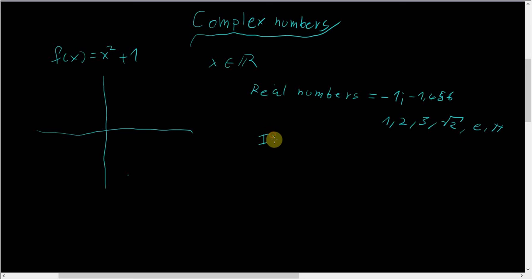Now let's have a look at imaginary numbers. They have a very funny name, imaginary numbers. They're very real. In many experiments, the results of many real world experiments are imaginary numbers.